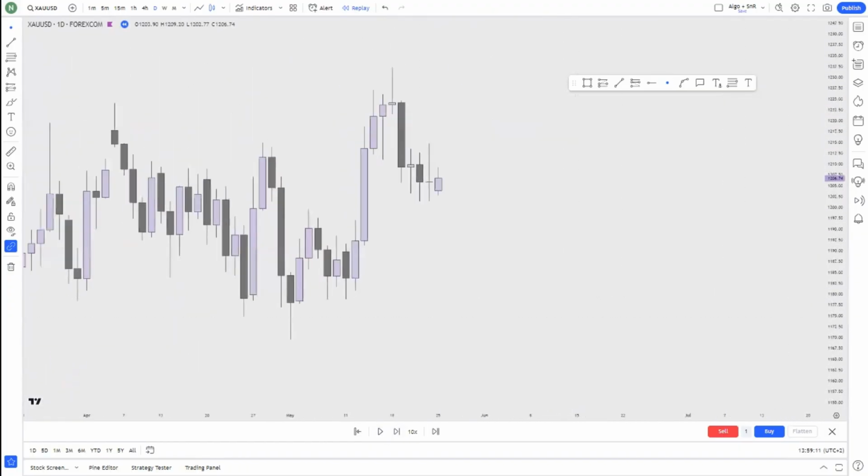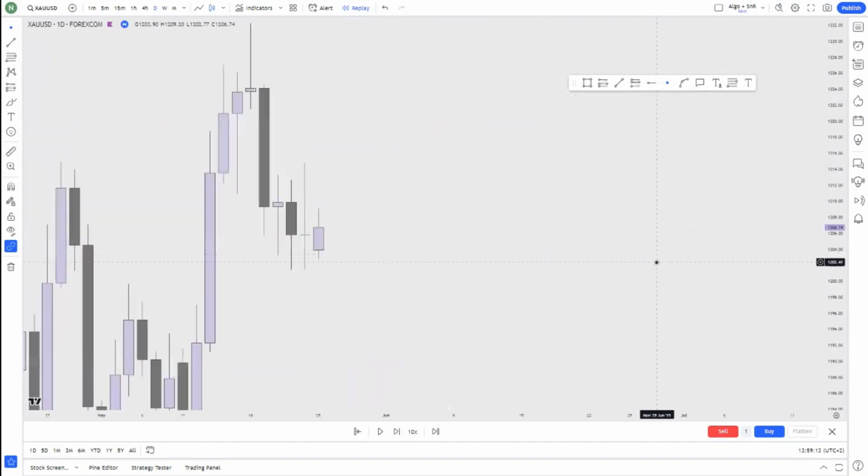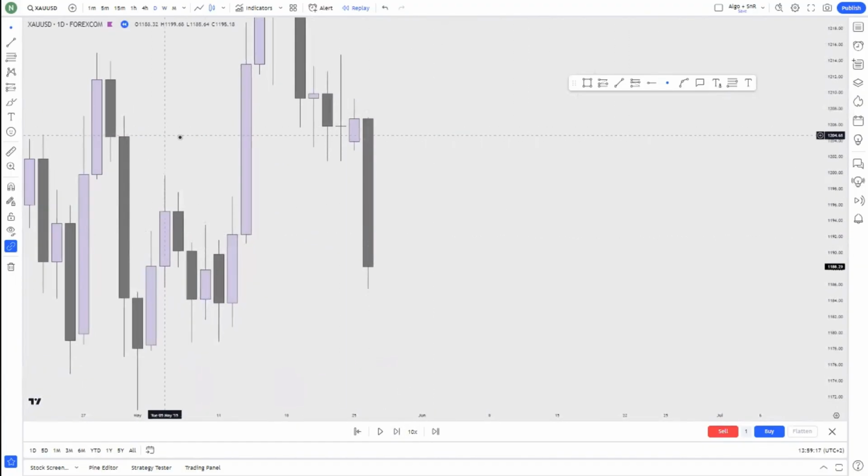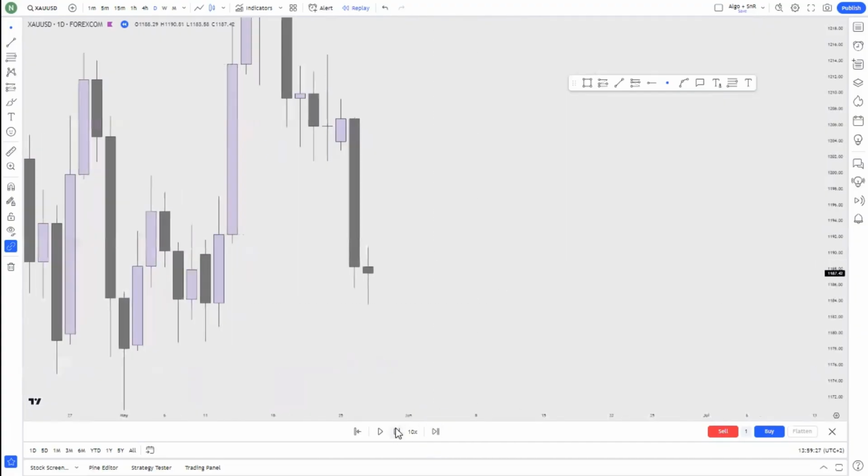Looking at this, let's just start right here. This is the first candlestick. We have a bearish candlestick. We're either going to see a bullish candlestick after or a bearish candlestick after. What do we see right now? We see that we have a bearish candlestick after, so this becomes a resistance right here.